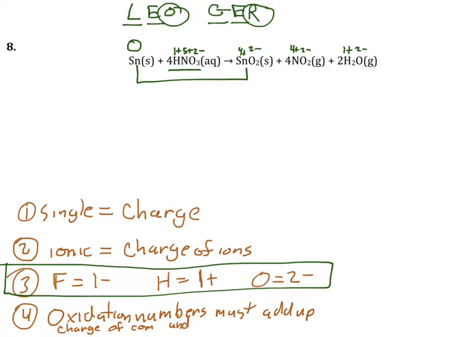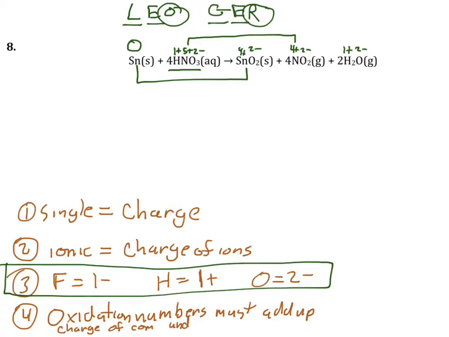So the nitrogen has an oxidation number that's changing. The tin also has an oxidation number that's changing. So let's go ahead and talk about the tin. The tin is 0, and it's going from 0 to 4 positive. So is it gaining electrons or losing electrons to become more positive? Well, again, electrons are negative.